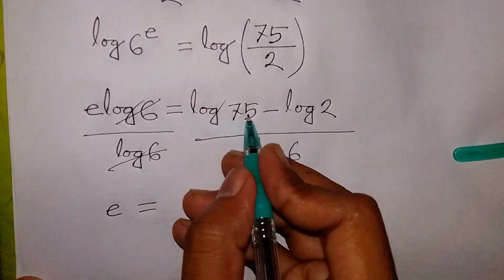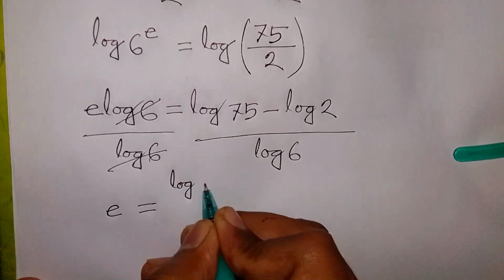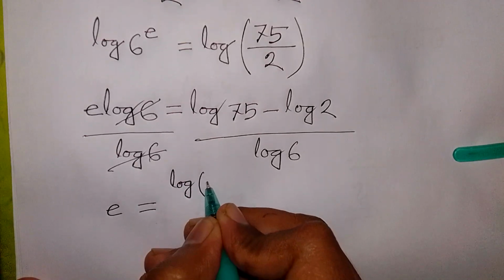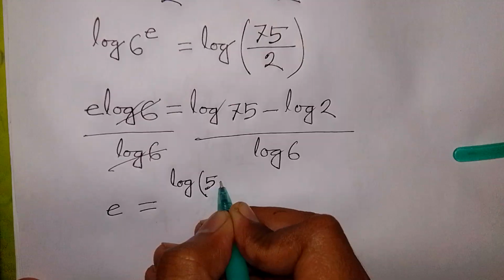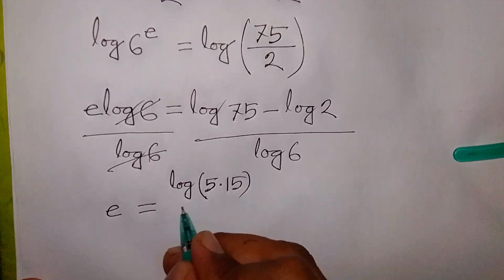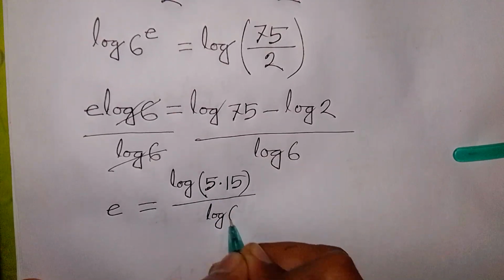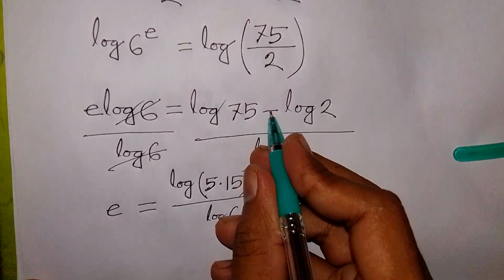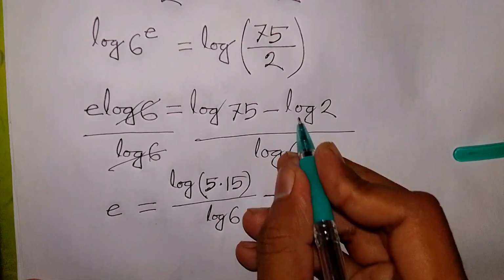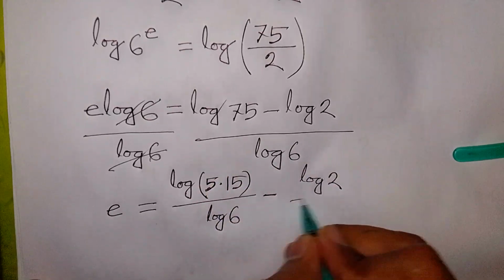So log 75 can be written as log of 5 times 15 over log 6. Then here subtract log 2 over log 6.